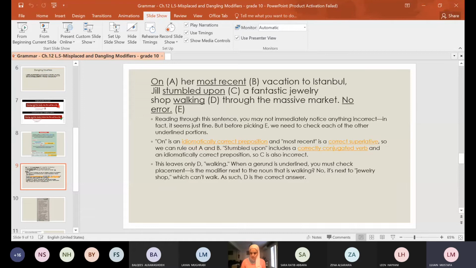On page 230. Number 11. Okay, so let's take number 12. No, we didn't solve 11. We didn't solve 11? Yes. On page 230, right? Yes. Okay, let's start with 11.